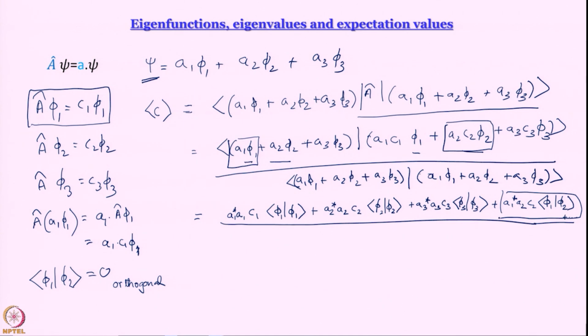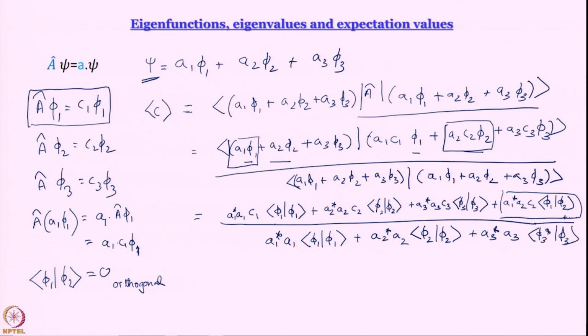What is the denominator? The denominator is going to be A1 star A1 integral phi 1 star phi 1 plus A2 star A2 integral phi 2 star phi 2 plus A3 star A3, I have written A square, should better correct it, integral phi 3 star phi 3.